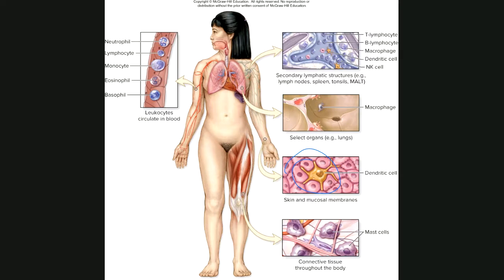You can find these mast cells and basophils in mucosal linings, in the dermis of the skin, and also in connective tissue of various organs. So different areas prefer different types of immune cells, but you have immune cells almost everywhere.